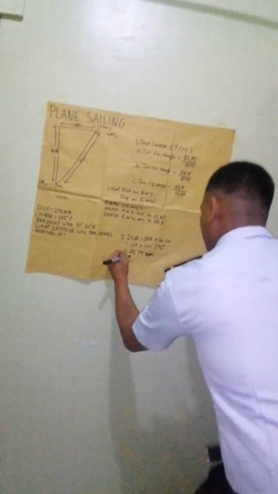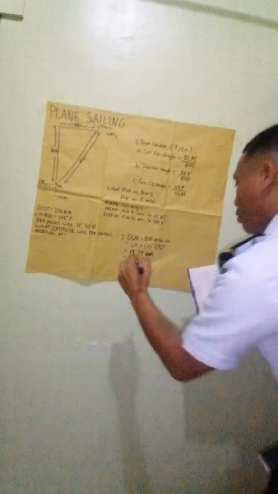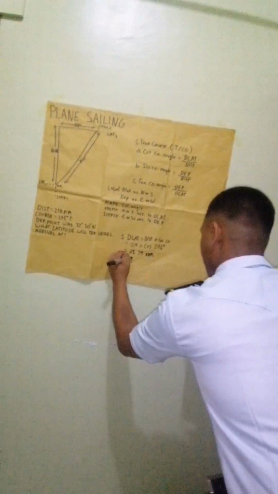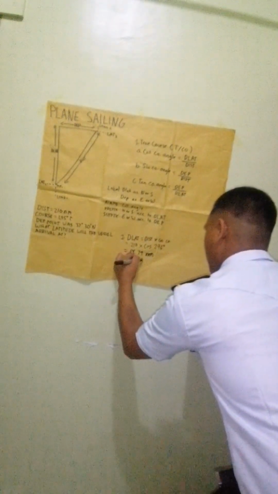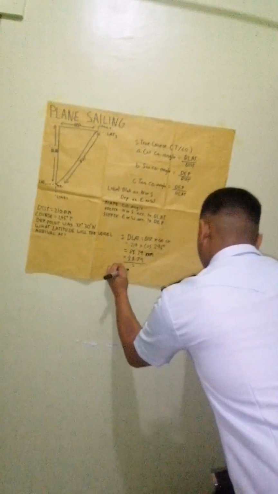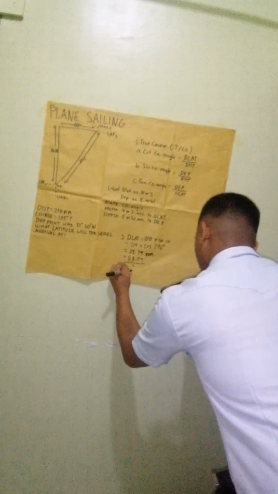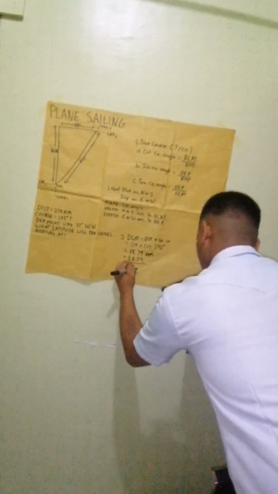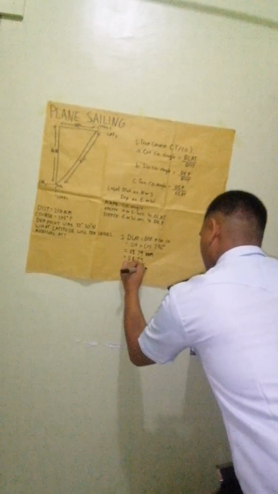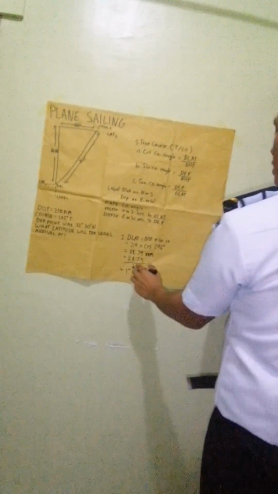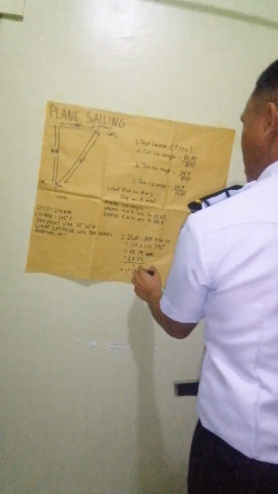If you want to put it into degrees, you must divide it by 60. 88.74 divided by 60, and then transfer into 1 degrees and 28 minutes and 44 seconds.